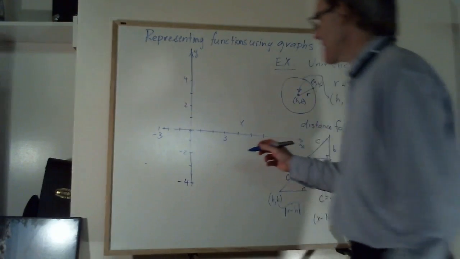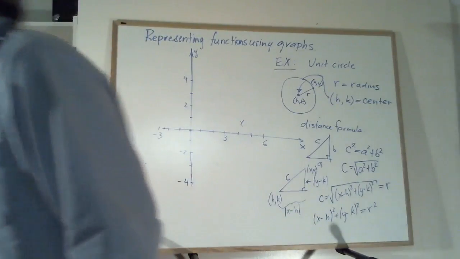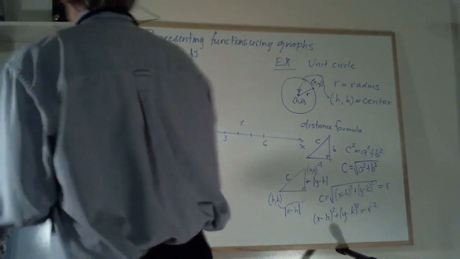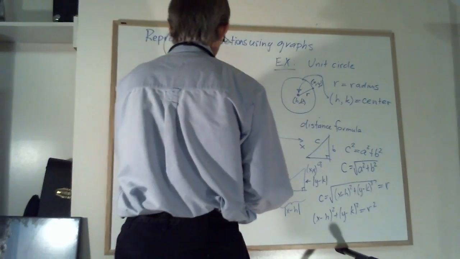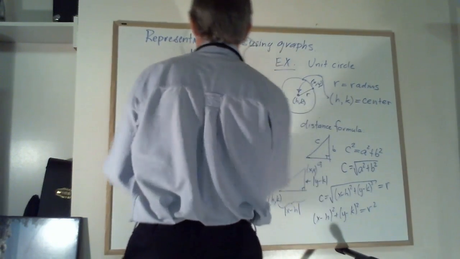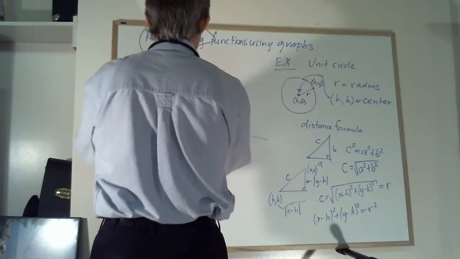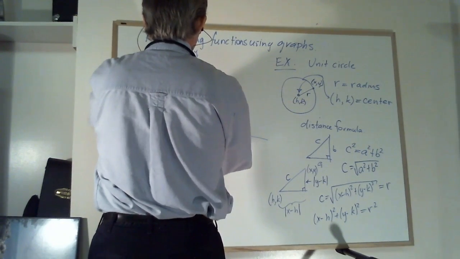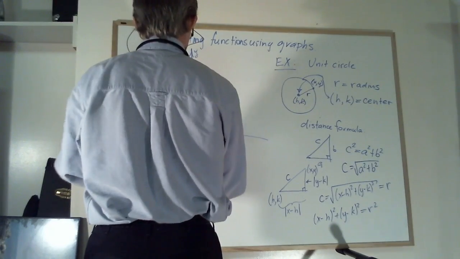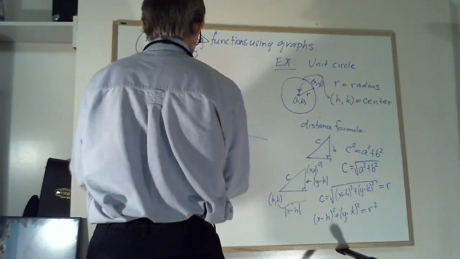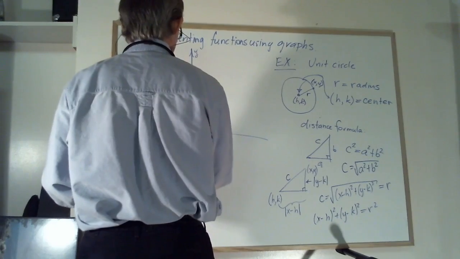Now for the special case of a unit circle, which just has radius equal to 1, let's write that out here. Here's minus 1, here's 1, and here's minus 1.